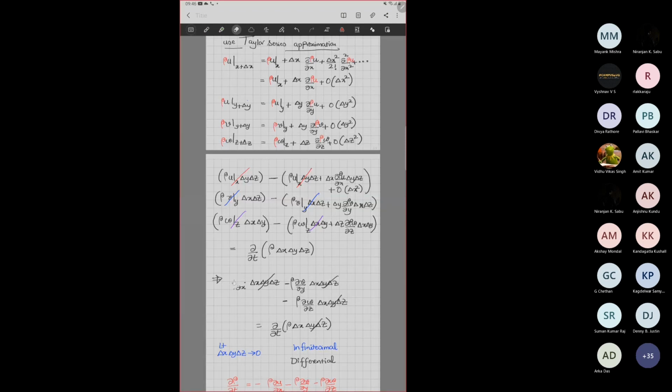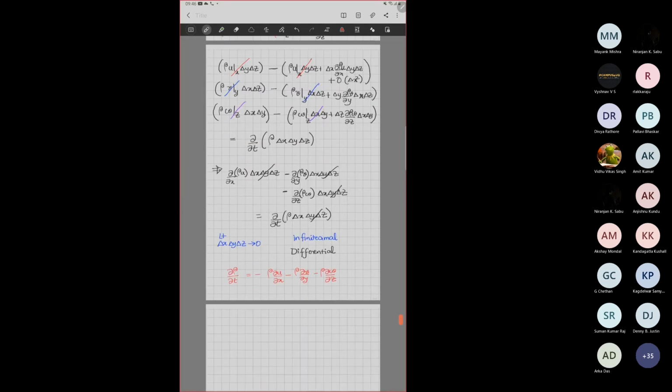And that means we have an expression in terms of del by del x of rho u, and here we have expansion in terms of del by del y of rho v, generic one. This one we will have expansion as del by del z of rho w, and rest of the things same.